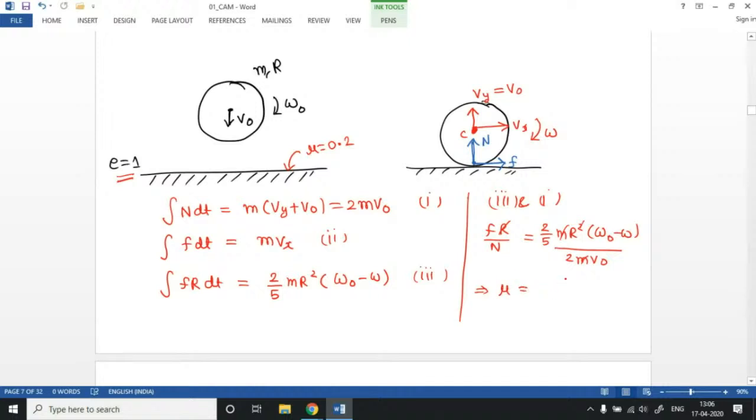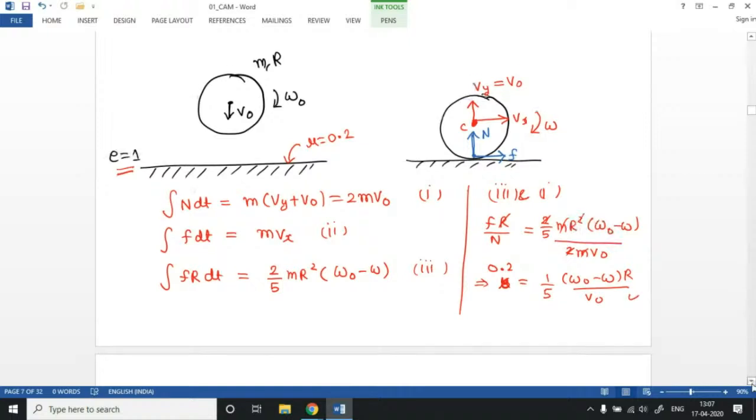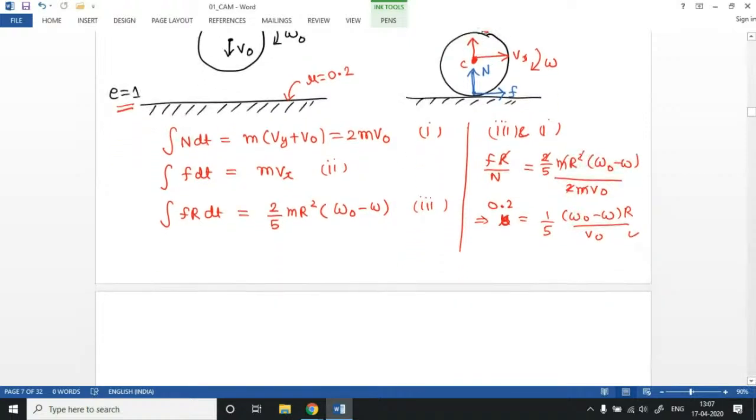Solving all these equations, with mu equal to 0.2, the 2 and this 2 will get cancelled, so we get 1 by 5, omega naught minus omega, into r by v naught. Using this expression we will be able to get the value of omega.